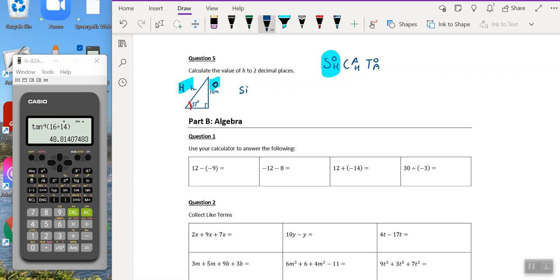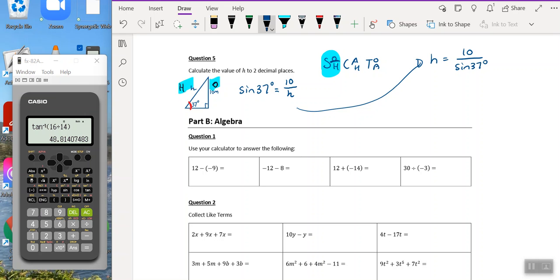So we write sine of 37 degrees is equal to, we have to be very, very careful here. We have to put the opposite over the hypotenuse. So it's going to be 10 over little h. When we have the letter on the bottom of the fraction like this, our next step becomes h equals 10 divided by sine of 37 degrees.